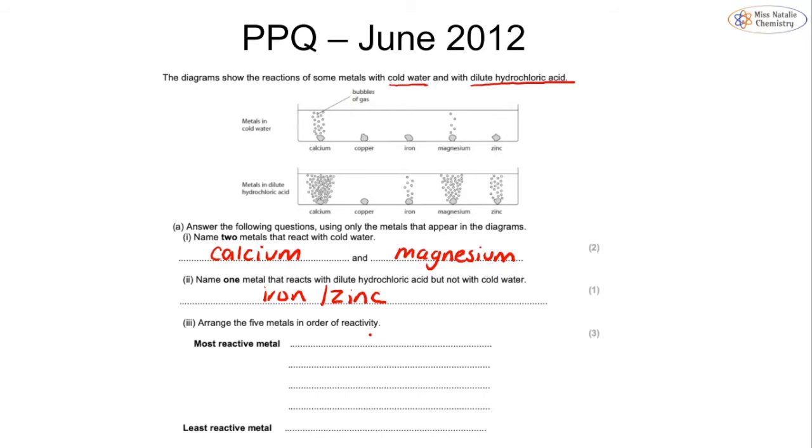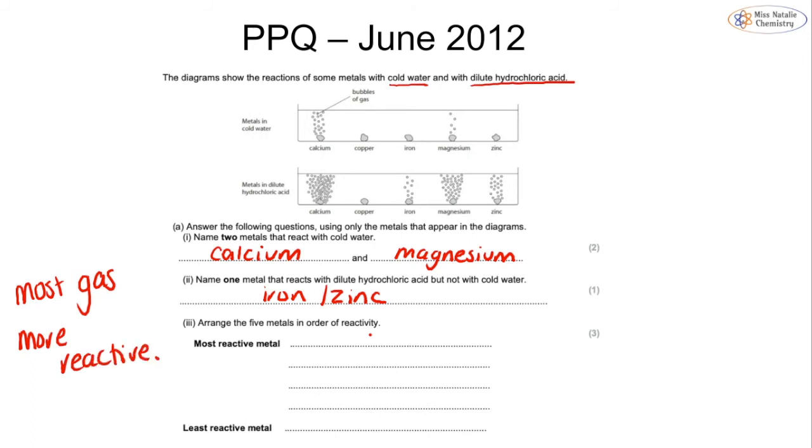And now we want to arrange the 5 metals in terms of reactivity. Now, this can be a bit challenging at first, but actually when you break it down, it is quite simple. What you want to do is look to see the one that is giving off the most gas. The most gas that is being released, the more reactive it is.